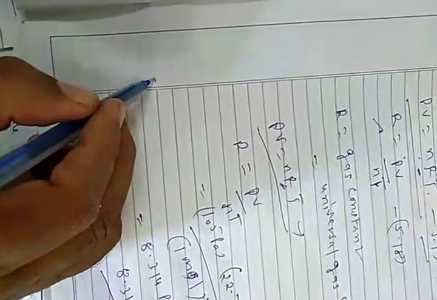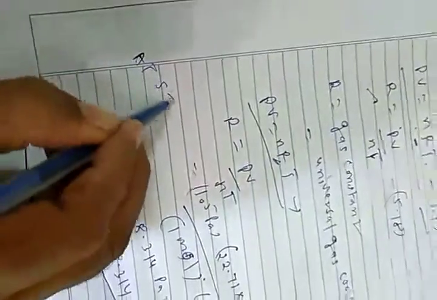So at STP conditions, STP means standard temperature and pressure. Here we put those values: 273.15 Kelvin, and 1 atmosphere pressure instead of Pascal.